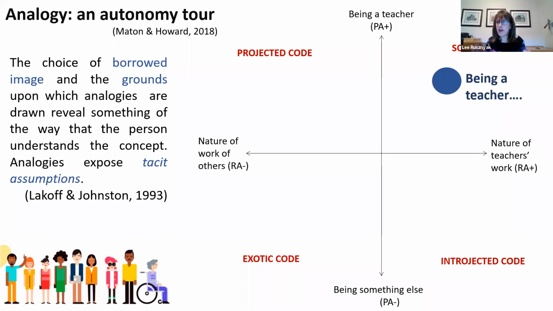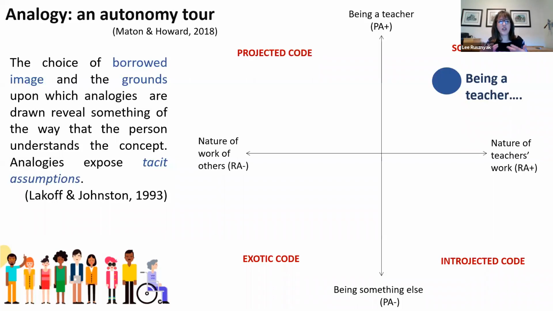And they very often draw on something from their own contexts, like taxi drivers or the people who do their hair and so on. And then the relational autonomy, we've got on the right-hand side, the nature of teachers' work and the nature of other people's work.